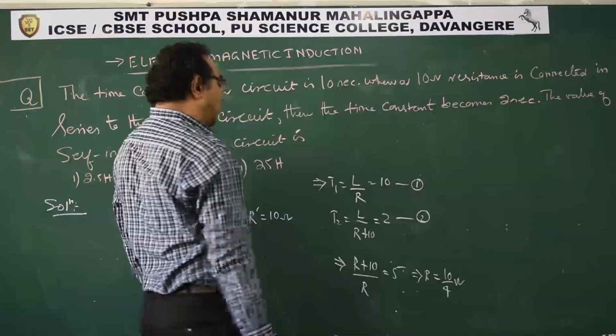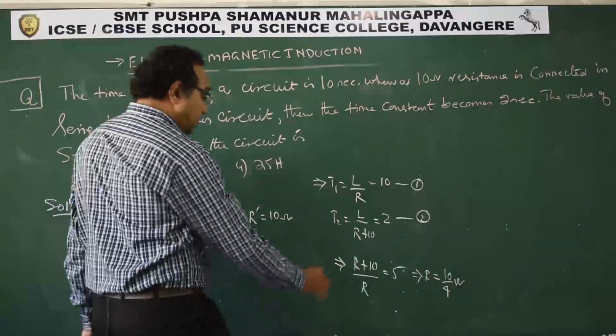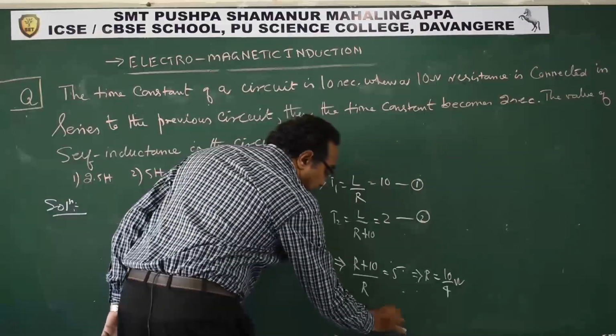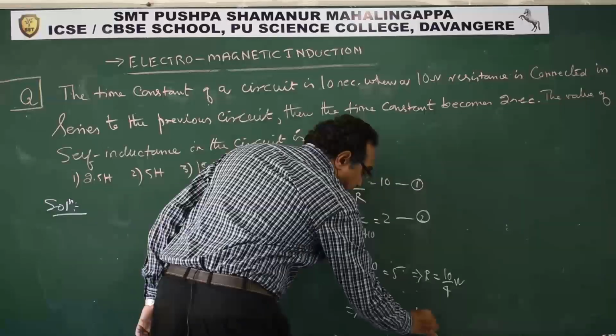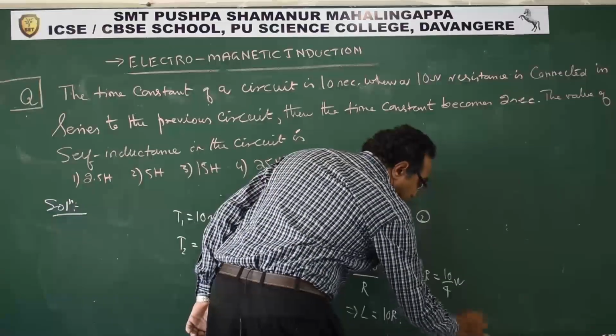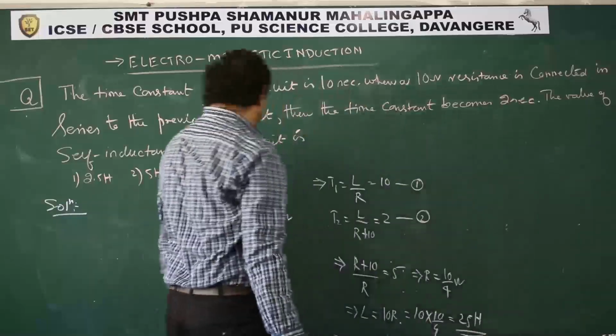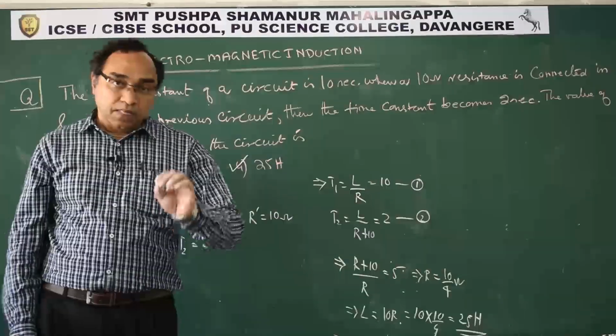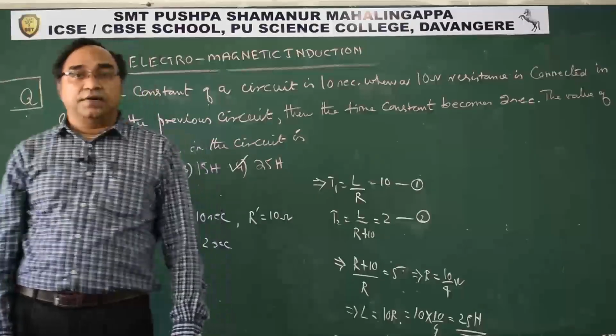Substitute this in the first equation. It will be easy. So L is equal to 10R. So that is 10 into 10 by 4. 100 by 4 is 25 Henry. So very easily we can get that. That is exactly how the questions from time constant can be evaluated.